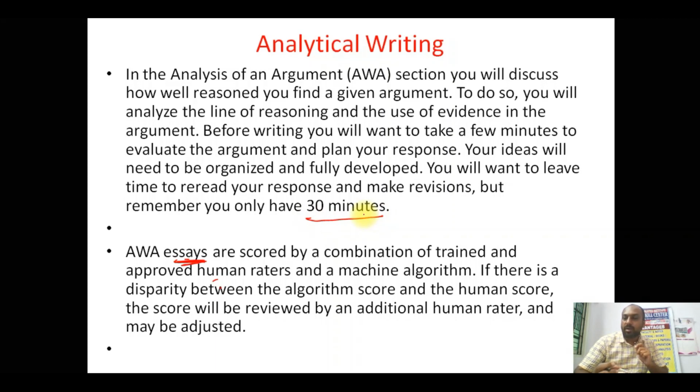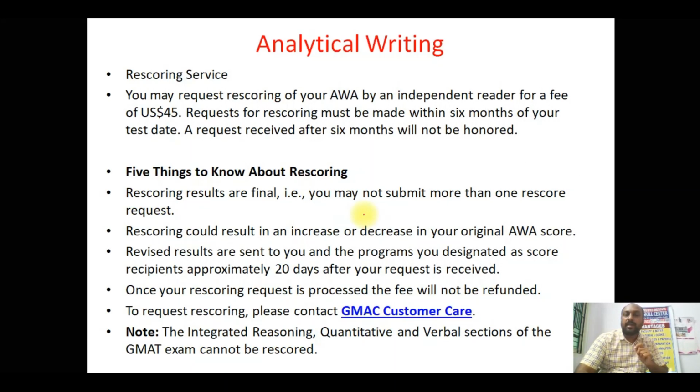So you collect what they have given in the question and what are the proper things connected to the given question, and from your side how can you develop it and how can you write it within the 30 minutes, time is important, right? Next, analytical writing. There is one thing: you can take it from others also. This is one option in GMAT.